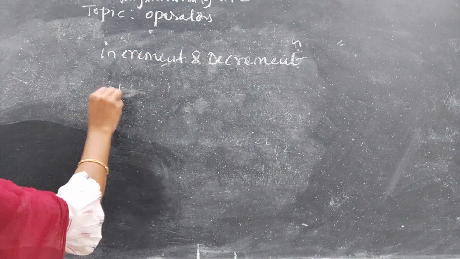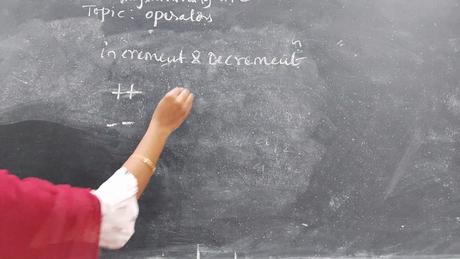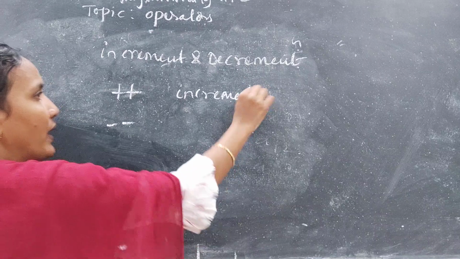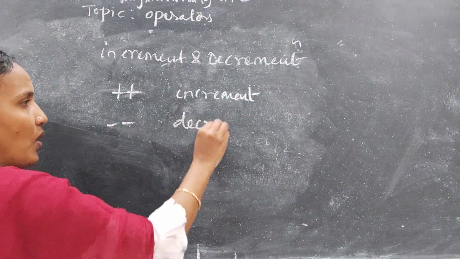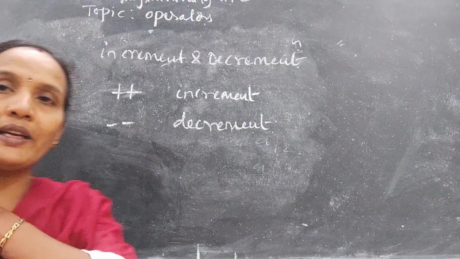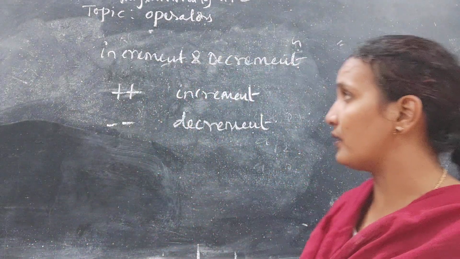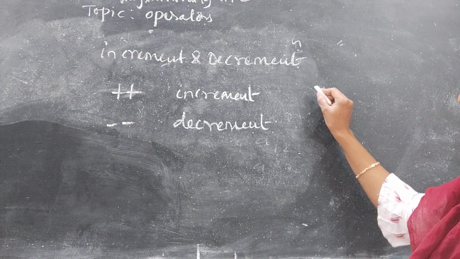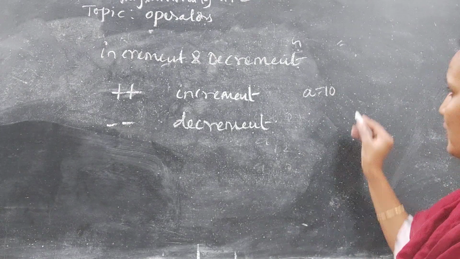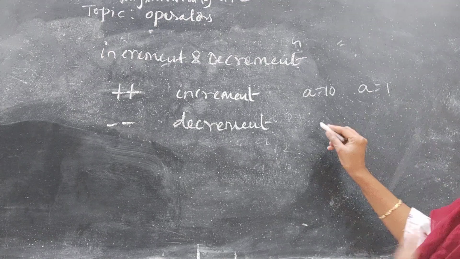First we will discuss increment, then decrement. Increment will increase the operand value by 1 and decrement will decrease the operand value by 1. For example, a equals 10. If it is incremented by 1, then the value of a equals 11.